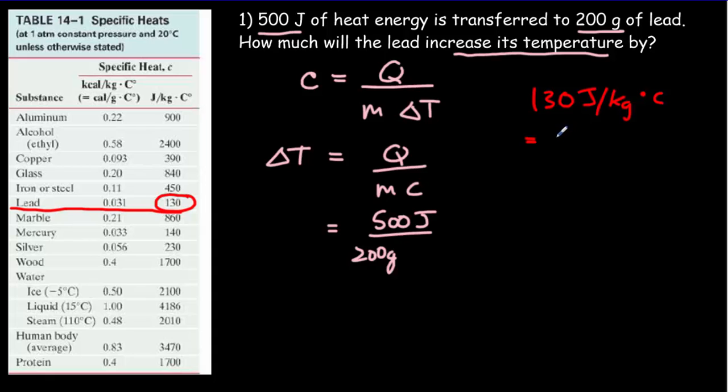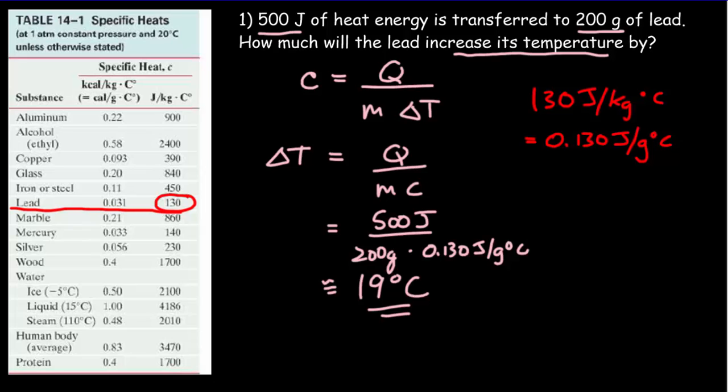In fact, you can just divide by 1,000. This is going to be 0.130 joules per gram degrees Celsius. So let's substitute that in. Work that out and you should get a change in temperature of about 19 degrees Celsius.